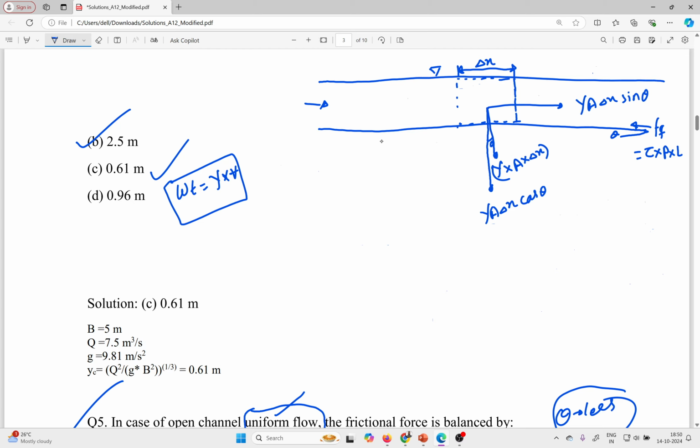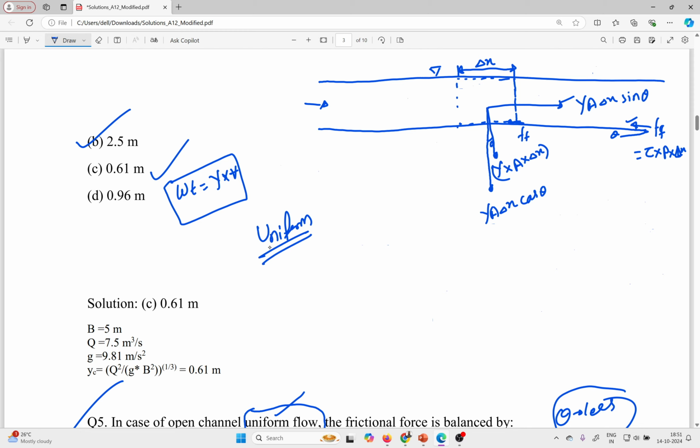We consider a smooth bed, not a bed formed with ripples and dunes, only a smooth sand bed. So in place of L we can take delta x, because Ff acts over delta x, right? So now these two components we can compare, because the flow is uniform, these two components should be equal.